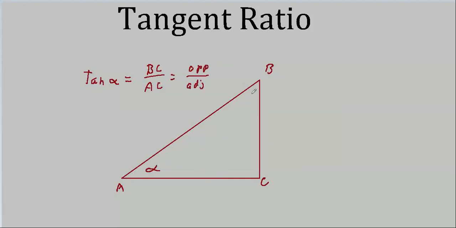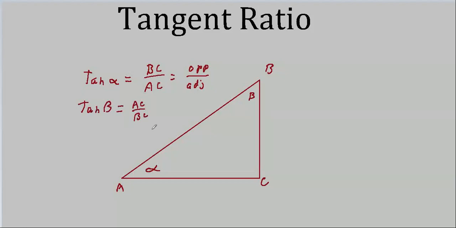Suppose I wanted this angle here. Call this angle beta. Well, opposite over adjacent, it looks to me like it's just the reverse of this. So the tangent of beta is just AC over BC.